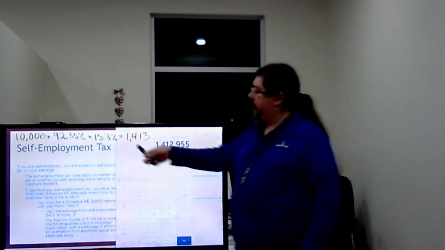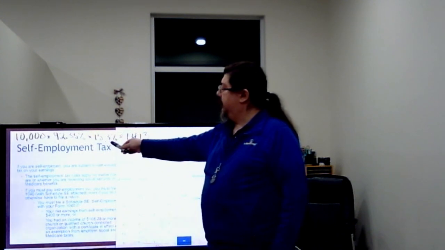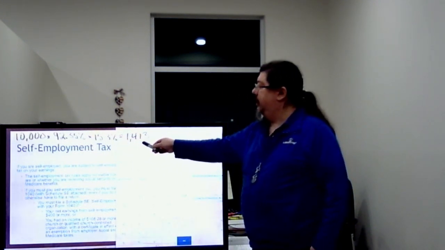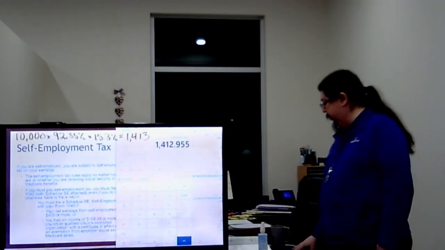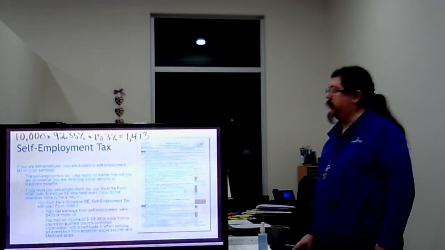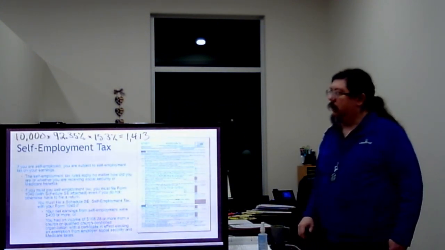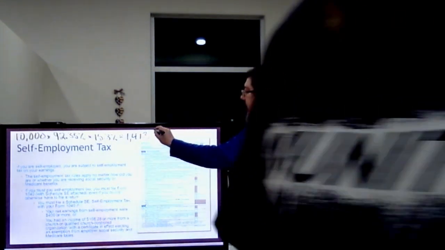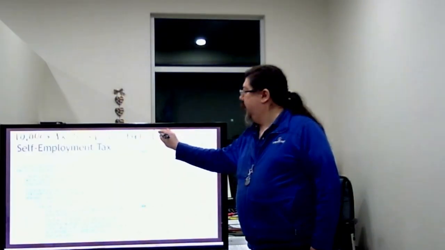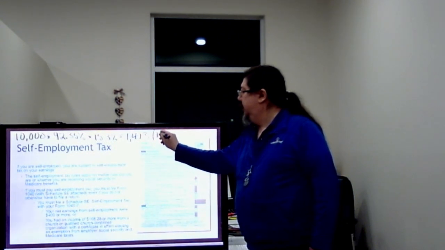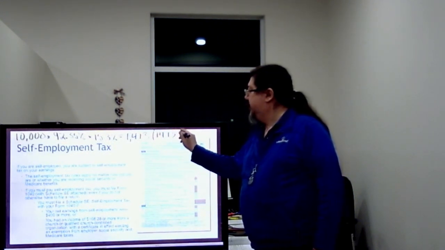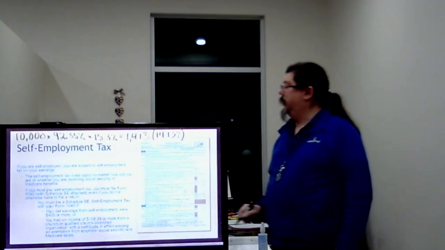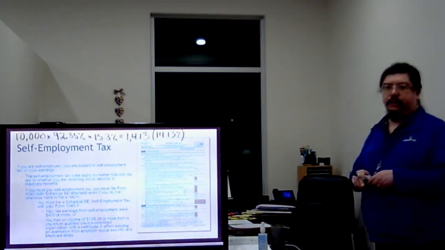So after we multiply by 0.9235 and then by 15.3%, self-employment tax out of every $10,000 is $1,413. Differently stated, that is an effective rate of 14.13% of your self-employment income due as self-employment tax.